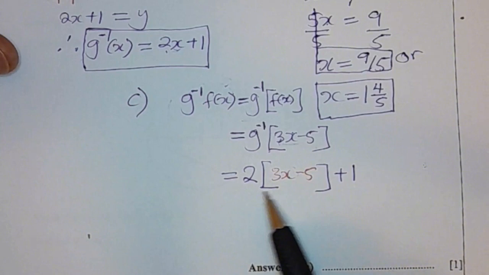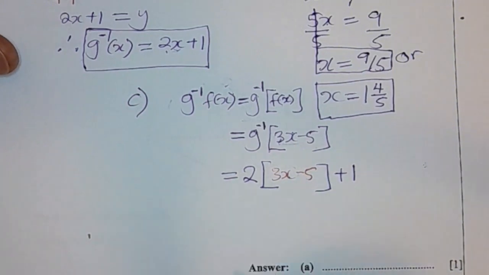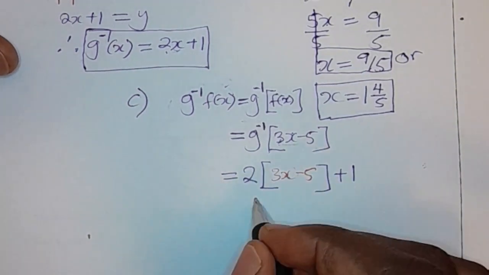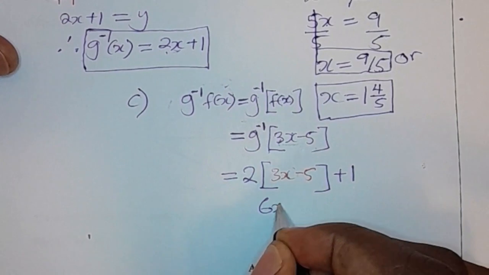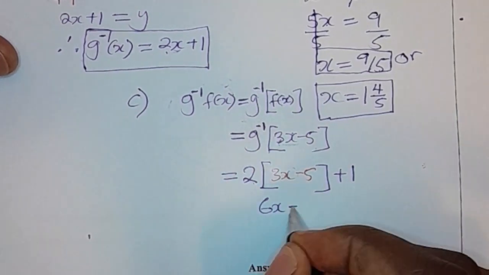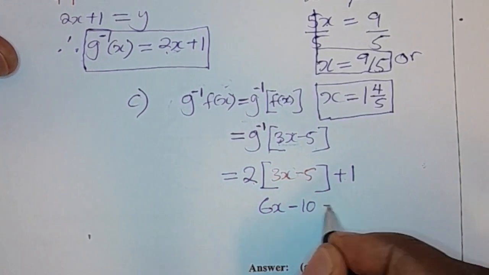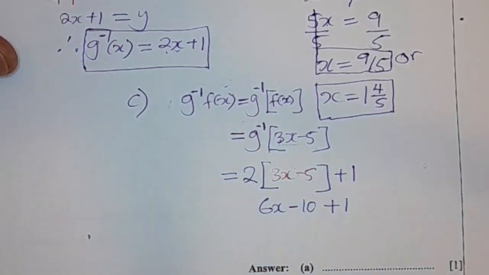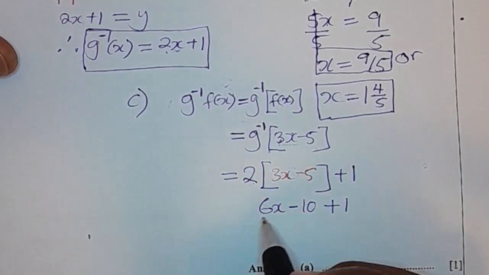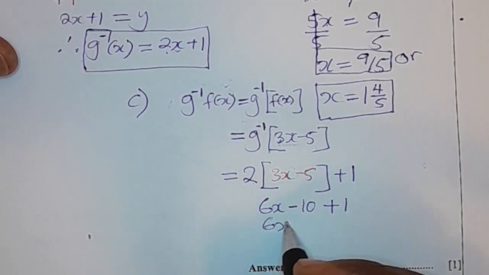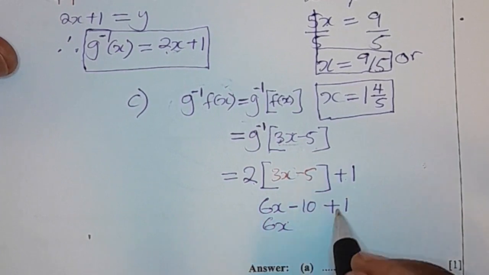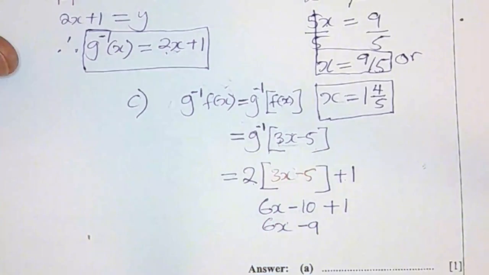Then here you expand, or you open the brackets. So 2 times 3x is 6x. 2 times negative 5 is negative 10. Then there's a plus 1 here, so you just drop it, plus 1. So here you collect like terms together. So 6x, negative 10 plus 1 is negative 9.